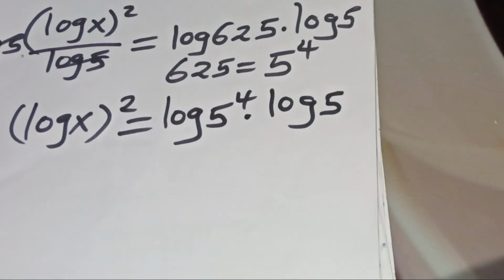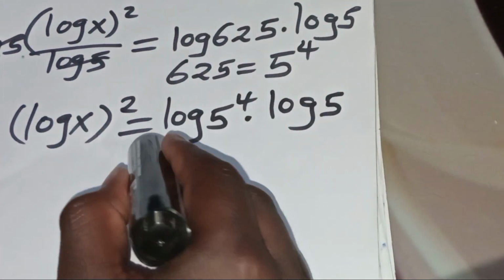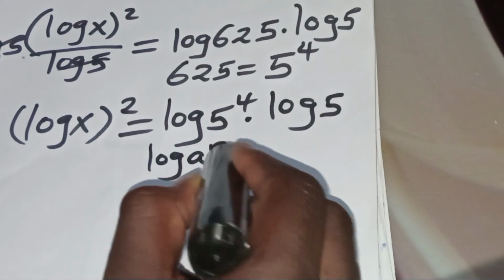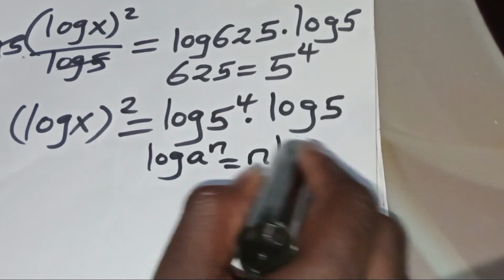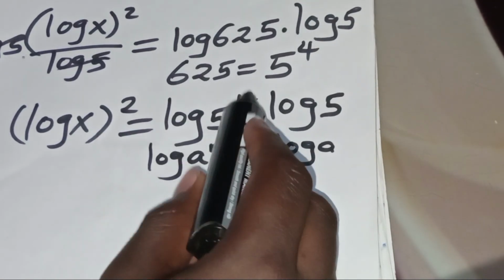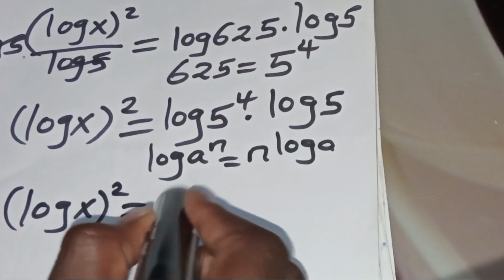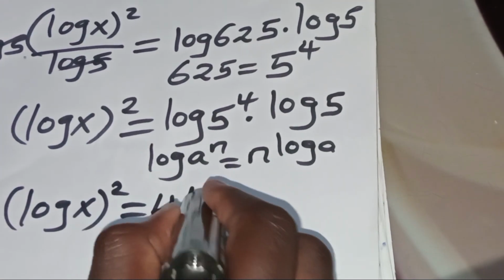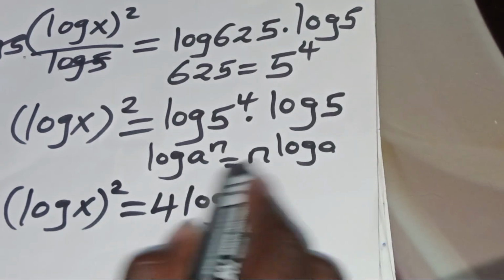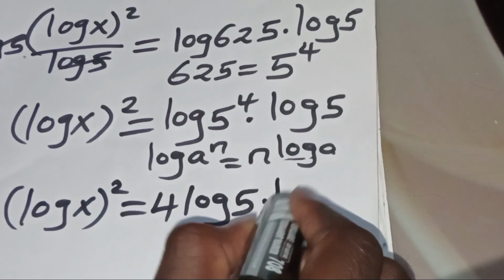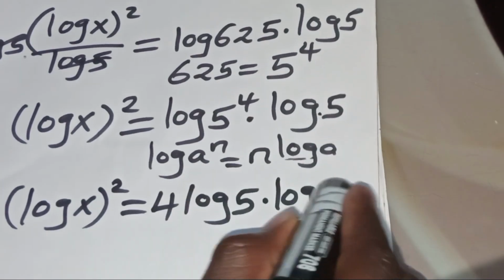Applying the power rule, log 5 to the power 4 can be expressed as n log a, so log x squared is equal to 4 log 5 times log 5.